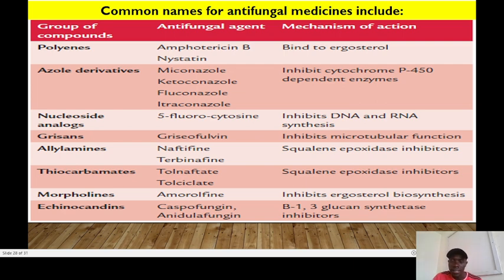The morpholines that we have just looked at inhibit ergosterol biosynthesis, and then the echinocandins like caspofungin and anidulafungin inhibit the beta-glucan synthase enzymes.